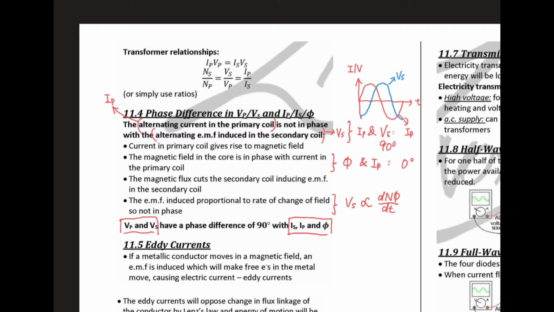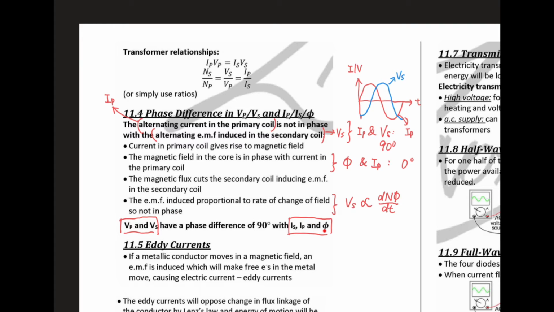Faraday's Law. So not in phase. This formula will explain why they are not in phase. Okay, so Vs and phi are not in phase. You see, Vs is here, phi is there. They are not in phase. They have a phase difference of 90 degree.